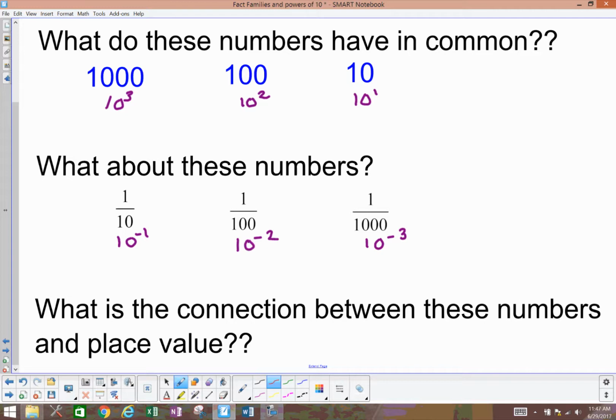We have thousands, we have hundreds, and we have tens. What is the one we're missing? Well, that would be the ones.